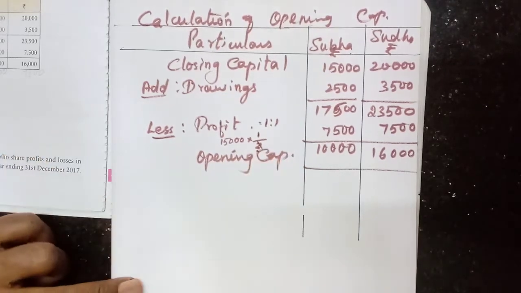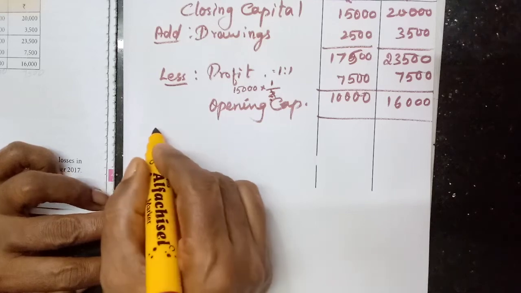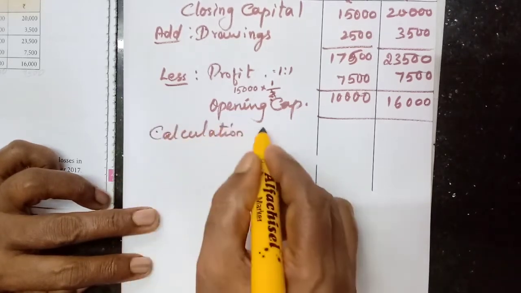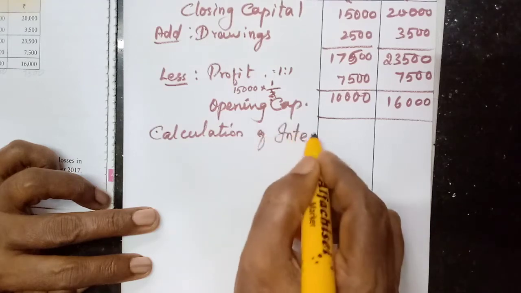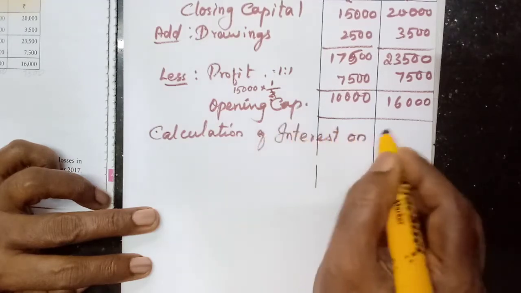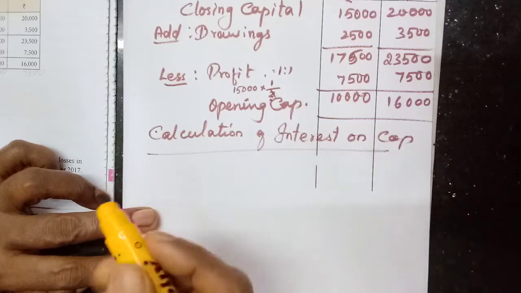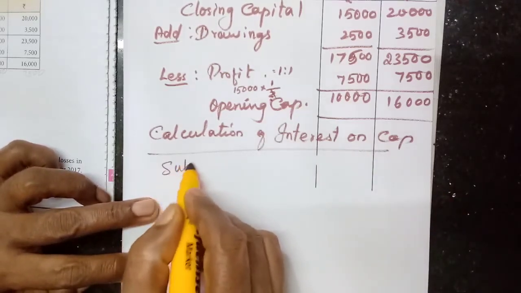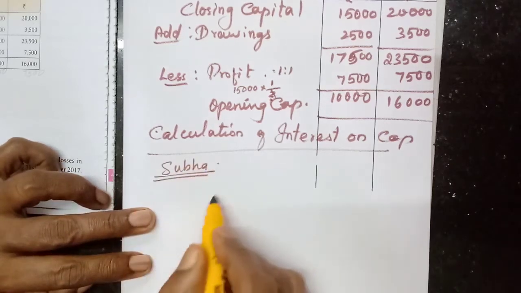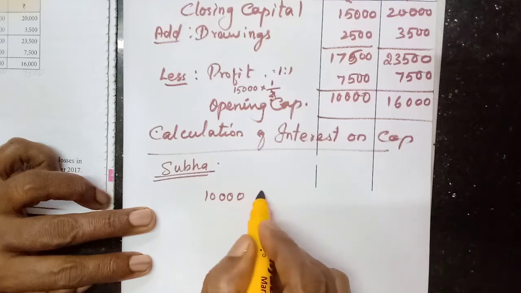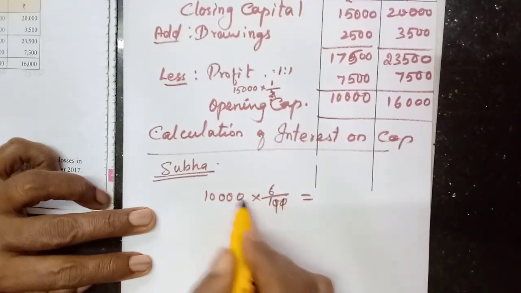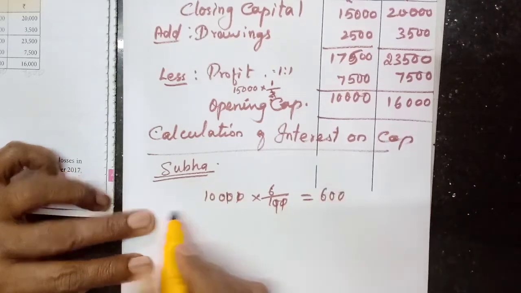Okay, now we need to calculate the interest on capital. Calculation of interest on capital. First is Subha. What is the opening capital? 10,000 into rate 6/100, so 600, isn't it?